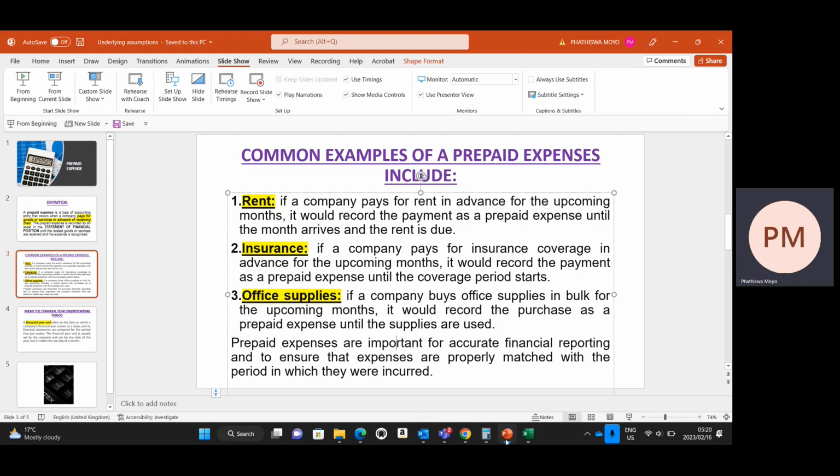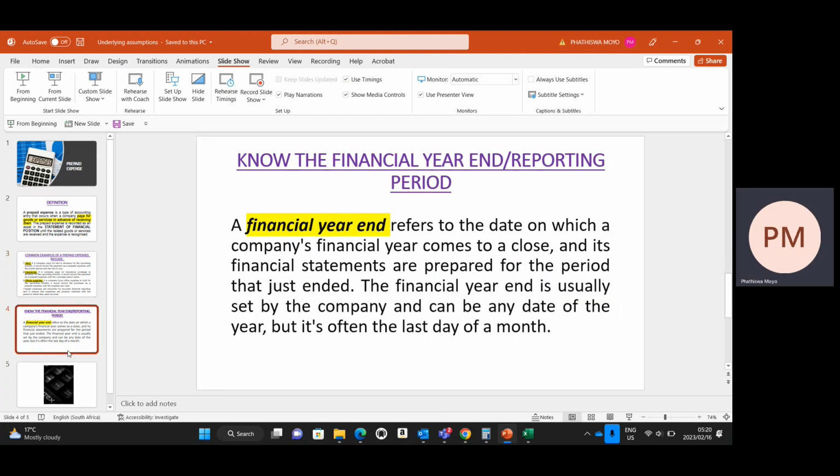Office supplies, I did explain. So, ladies and gentlemen, the key thing in understanding if an expense is prepaid or not, you must understand the definition of a financial year. It refers to the date on which the company year comes to a close, and its financial statements are prepared for the period that just ended.